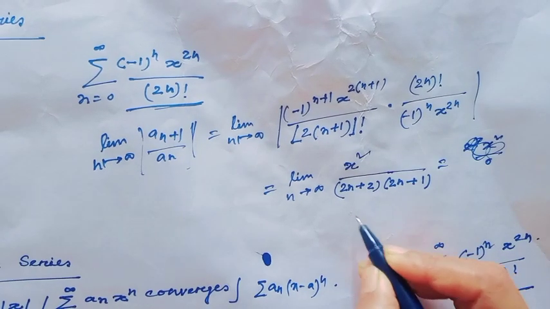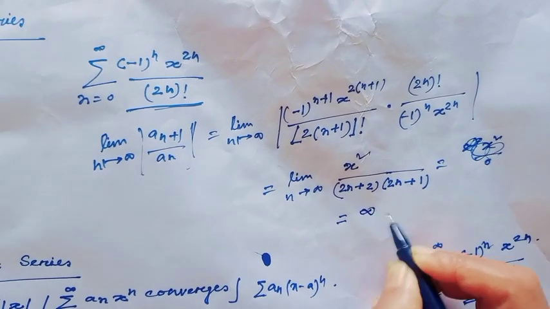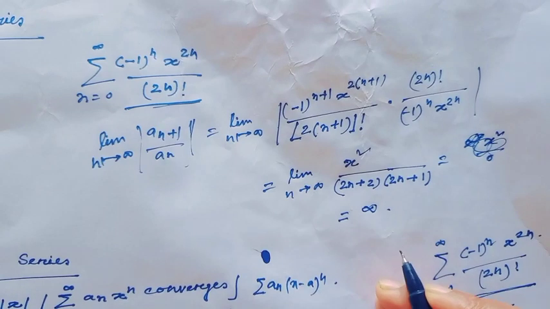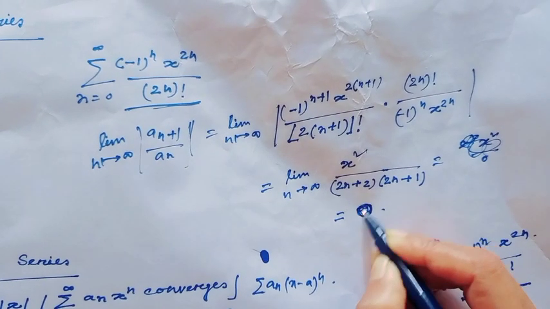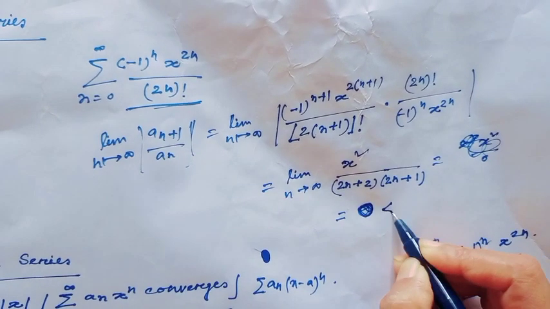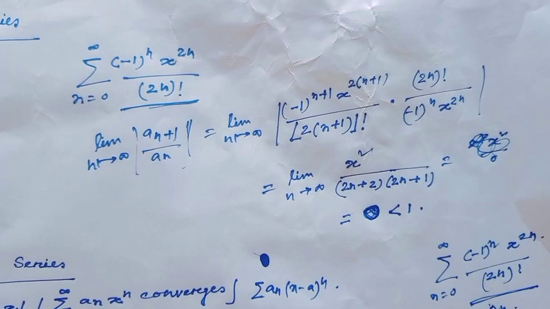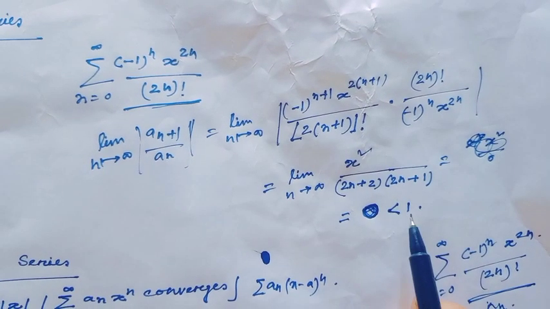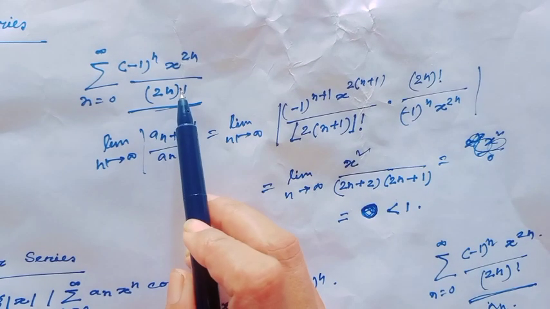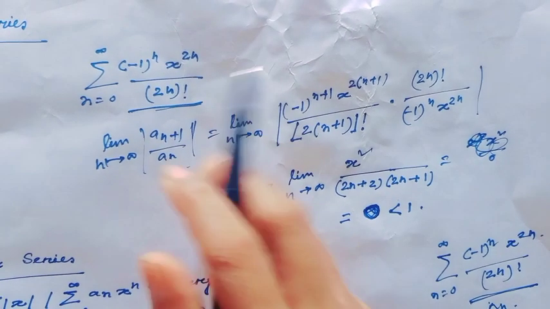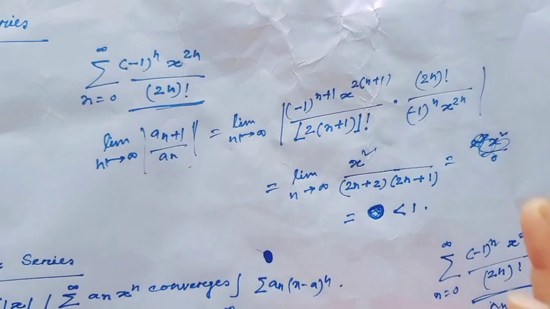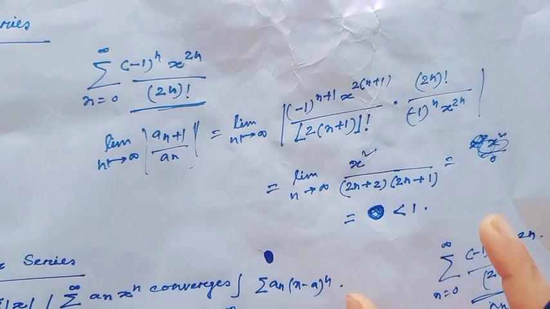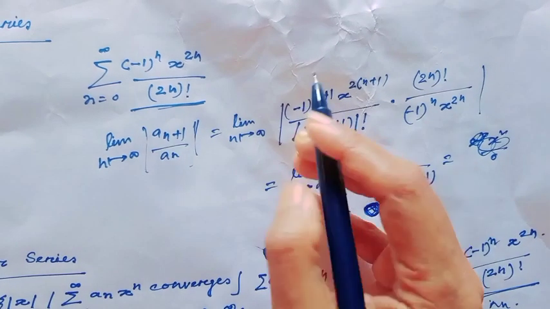After putting the limit, this value would be infinity. Sorry, 0, not infinity. And 0 is always less than 1. Therefore, for all values of x, since this value is less than 1, this power series converges.